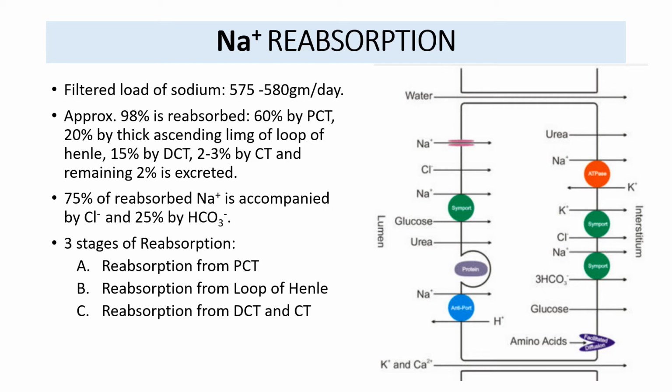We will be studying sodium reabsorption in three stages. Three stages means maximum sodium reabsorption takes place from PCT, about 60%, 20% by thick ascending loop of Henle, and 15 to 18% is reabsorbed from DCT and CT.